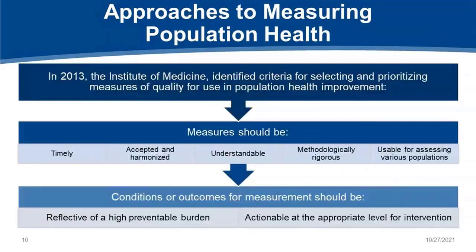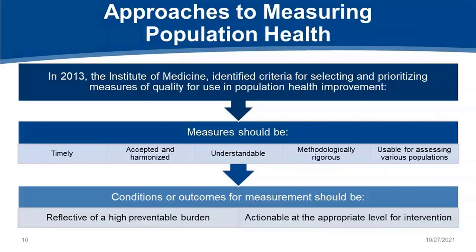Regardless of which of those approaches you take, the IOM offers criteria for selecting and prioritizing measures of quality for use in population health improvement. And that really is key. Population health measures should be actionable. They shouldn't just give us a status update on how folks are doing. They should be structured in a way that allows experts to make inferences about how improvements to care could actually improve outcomes for that population.